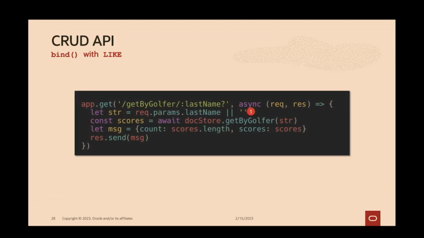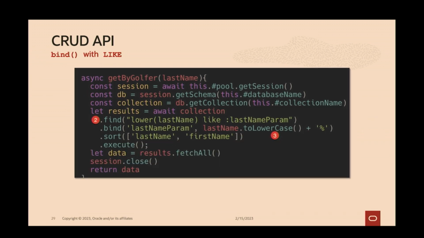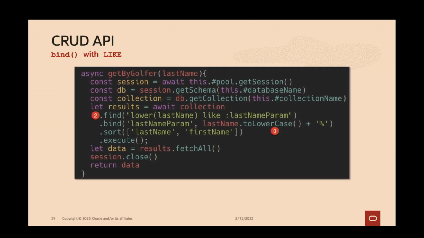I'm going to show you another example of bind using a like statement. And the reason why I chose this is because of how we need to keep in mind what we're dealing with when we're writing some of these statements. So here we have get by golfer where we pass in the last name. If the last name doesn't exist, we pass in an empty string. Now here's where it gets interesting.